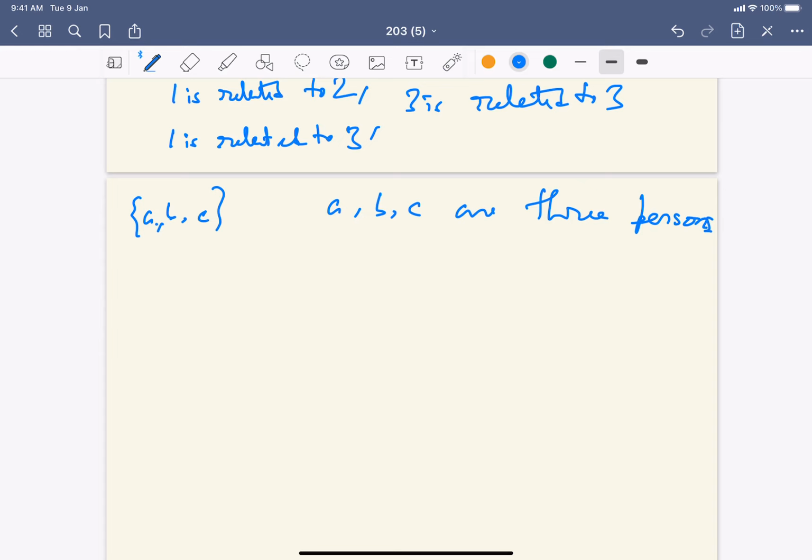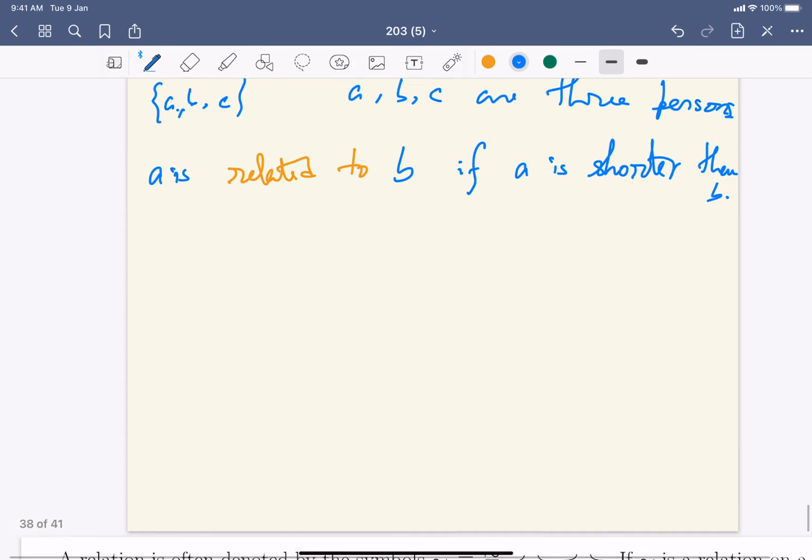So for instance, as a definition, we say that A is related to B if A is shorter than B.